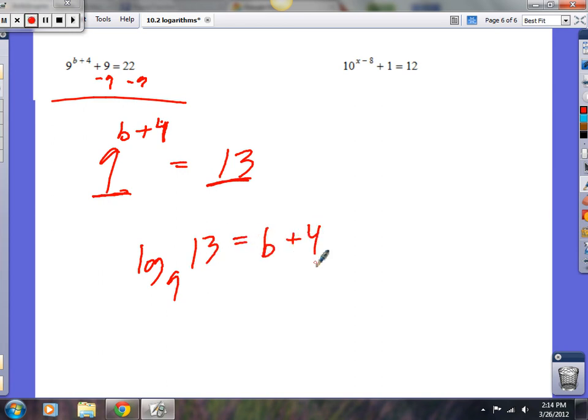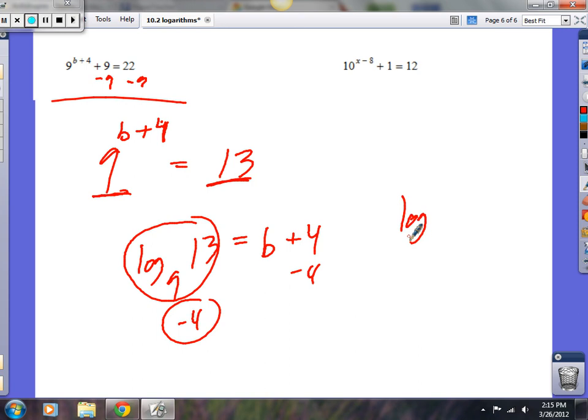Then what? You've got to solve for b. You're almost done. So all you do is subtract 4. But these are not like terms, so you can't add them. So it's just log base 9 of 13 minus 4 equals b. That's your answer. That's as far as you can go.